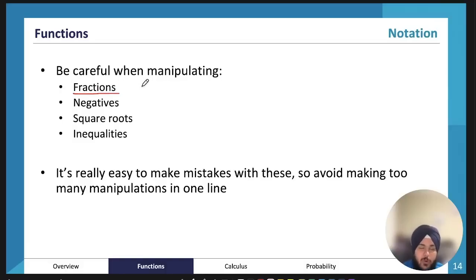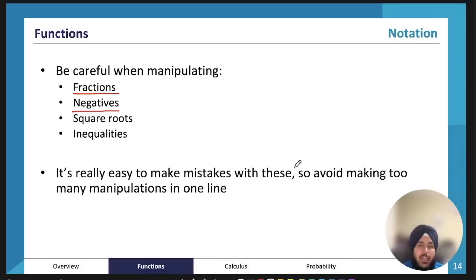Everyone always messes up negatives, for example. So you're really likely to make these mistakes in the exam. When you're doing practice, really try to be conscious of how you're using these negatives and these fractions, so as to avoid making any mistakes.